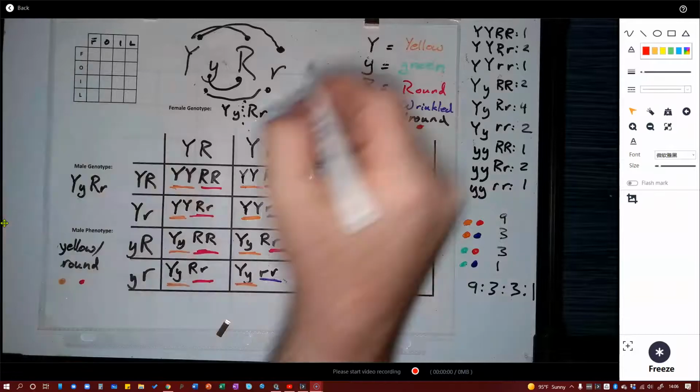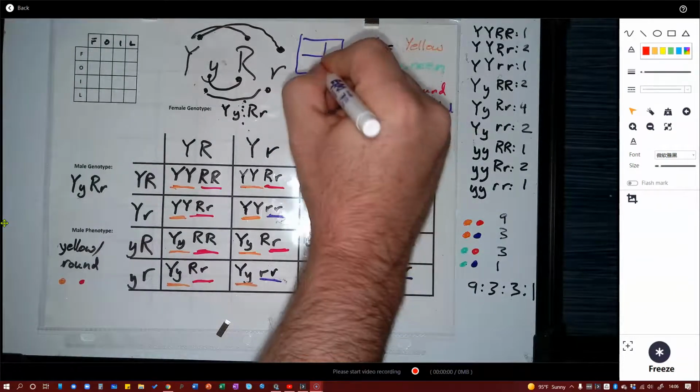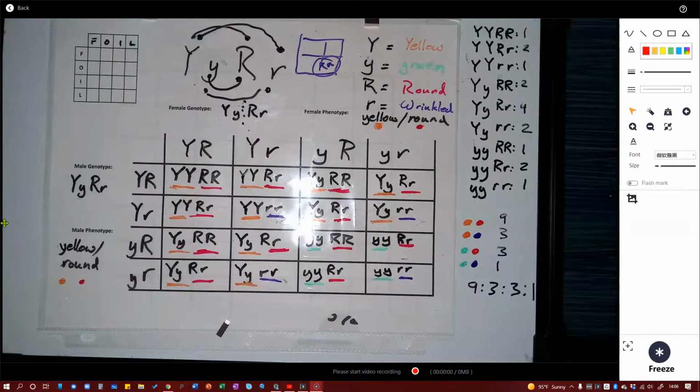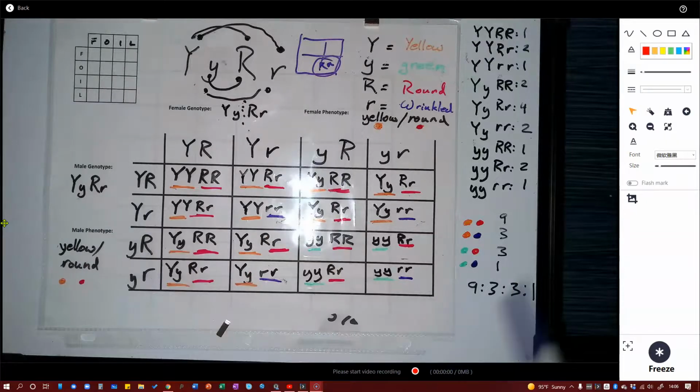So I'm not going to fill in the whole thing here, but 1 out of 4 will be recessive, or will exhibit the recessive trait. So anytime, now not every combination is going to end up with these distributions.